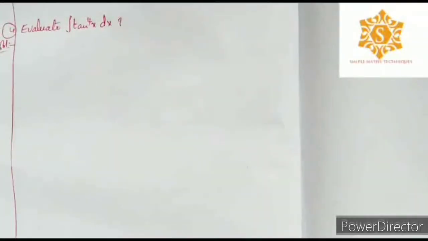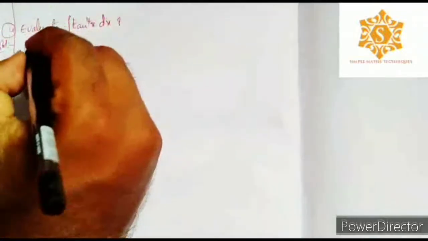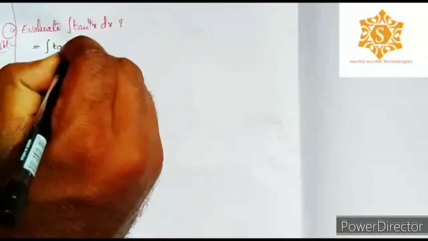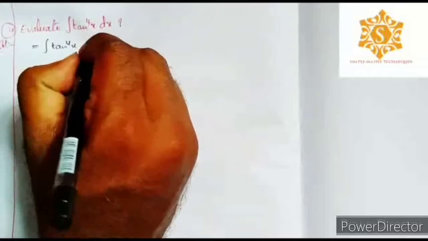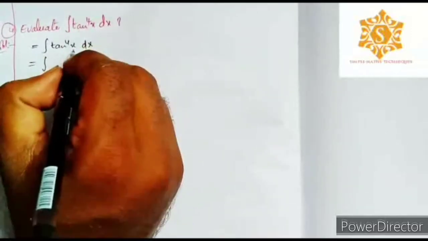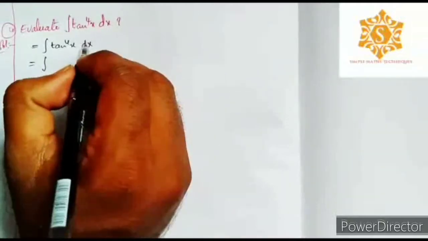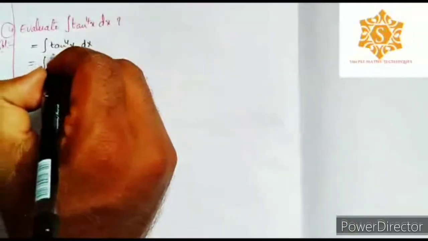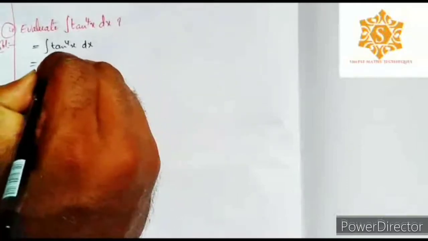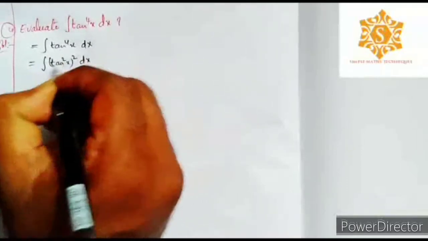The next problem, evaluate integration of tan to the power of 4 x dx. So given that integration of tan to the power of 4 x dx, so you can write integration of tan power 4 x dx as tan square x whole square dx.